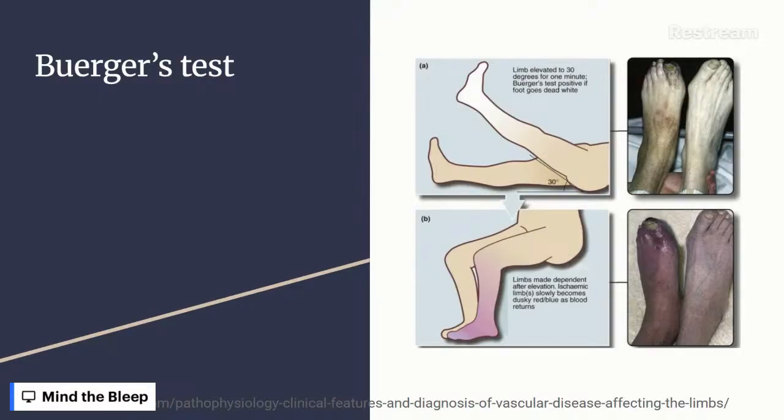So this kind of dusky reddish bluish color is again part of the test. As I say, in a lot of people it won't be positive. That doesn't mean they don't have peripheral vascular disease, but it's still useful and particularly something you can offer to do in an OSCE.